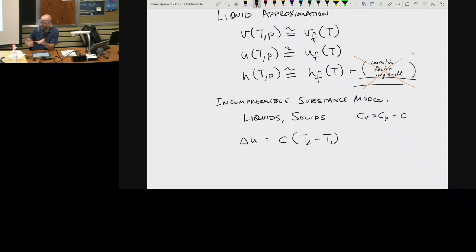And it makes sense, because if we have an incompressible substance, the volume shouldn't be changing. So the amount of heat that you add to a system at constant pressure and constant volume should be the same. Okay? And also delta H is equal to C times T2 minus T1 plus some correction factor over here.